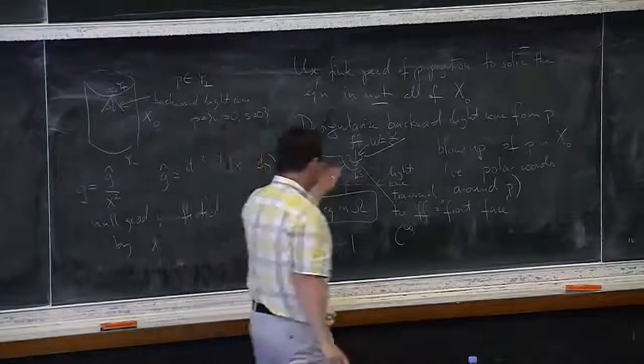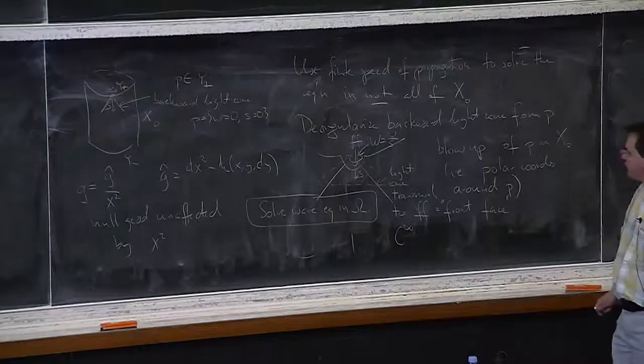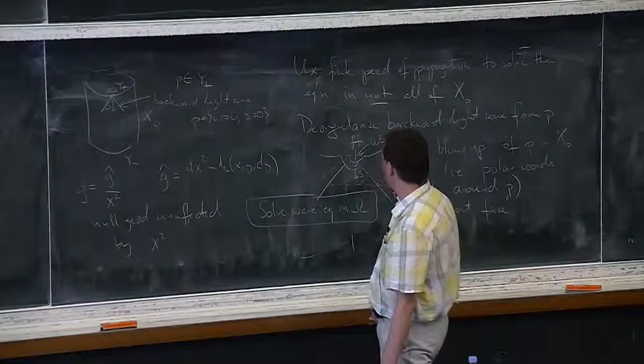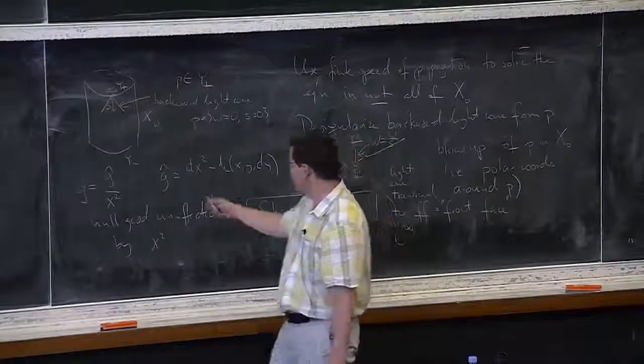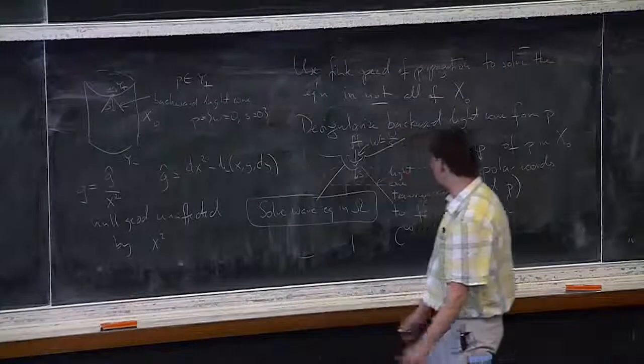So I just wrote down projective coordinates rather than spherical coordinates, which are, of course, way nicer for any computation. If you do this, you can very easily check what happens to a differential operator, either to metrics or dual metrics, and then differential operators.